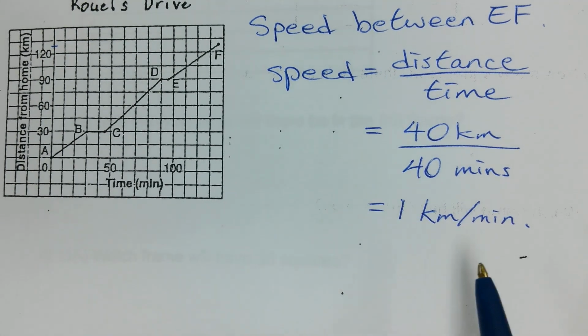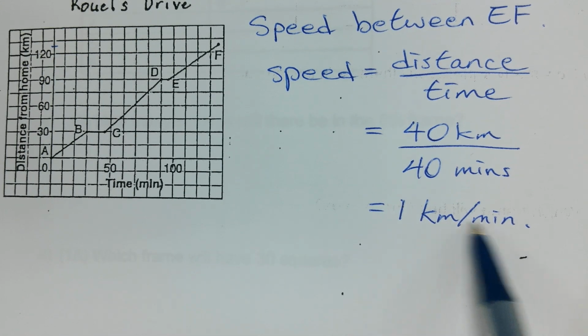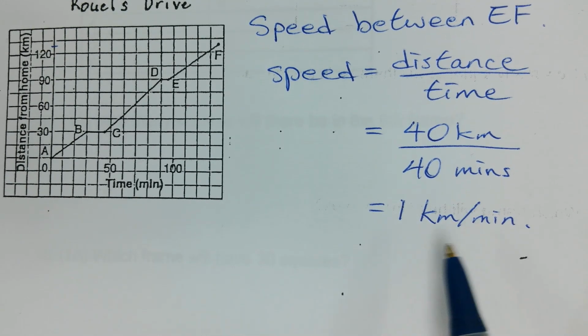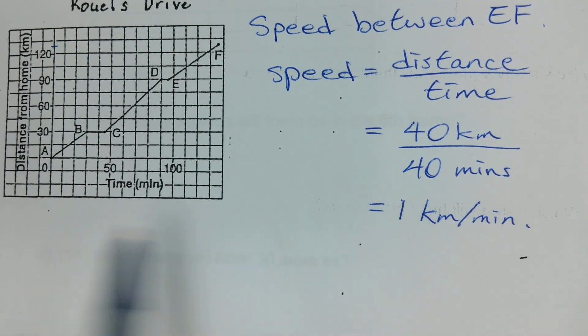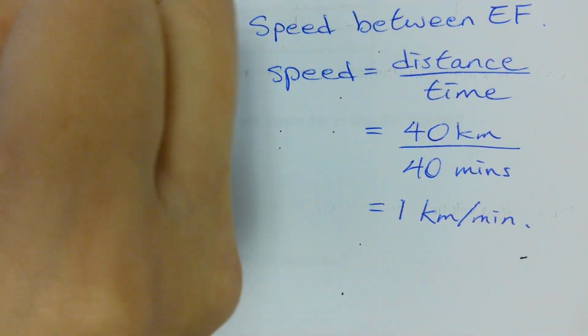All right. Make sure speed has 2 units, like this. It doesn't always have to be kilometer per hour. It could be kilometer per minute. Or you could do 60 kilometers per hour too. That's good. So when you write your units, make sure you read your graph carefully.